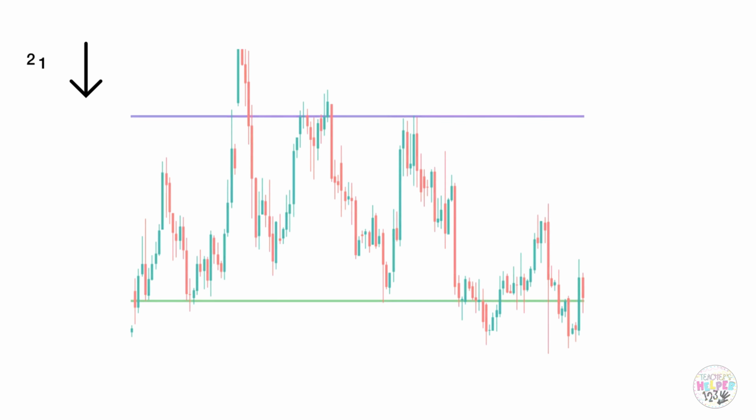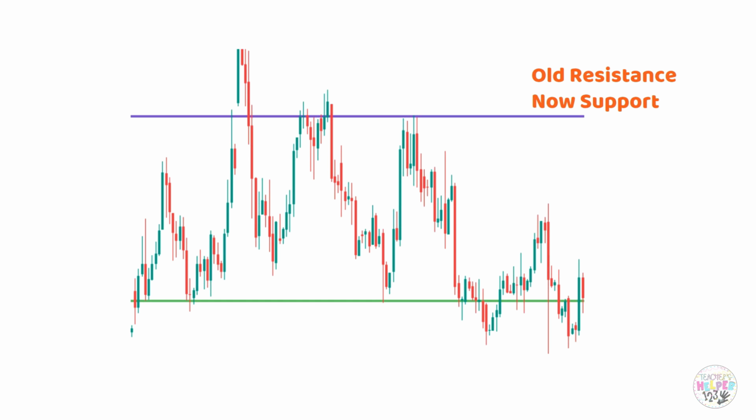Now, one of the most important concepts in trading is called role reversal. That means when resistance flips into support, and support may flip into resistance, vice versa. Sometimes old resistance becomes new support. And here's an example of what I mean.